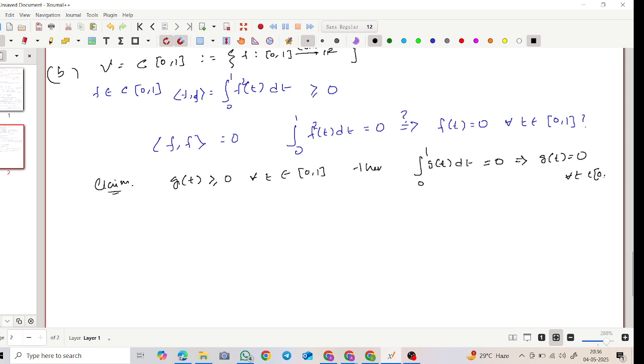So if we integrate a positive function and get 0, it means the function is 0. But it will require some proof, the one he was alluding to.